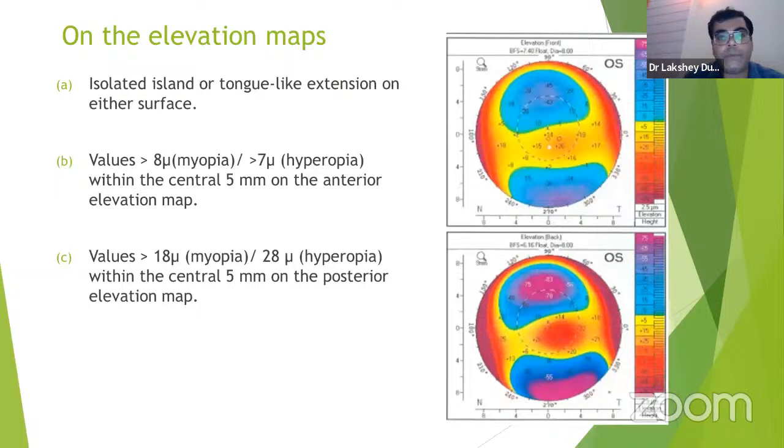On elevation maps, look for any isolated island or tongue-like extension. These values you should memorize: 8 and 18. On the anterior elevation map, if any point is elevated more than 8 microns, and on the posterior, if it is more than 18 microns for myopic patients, these are suspicious.